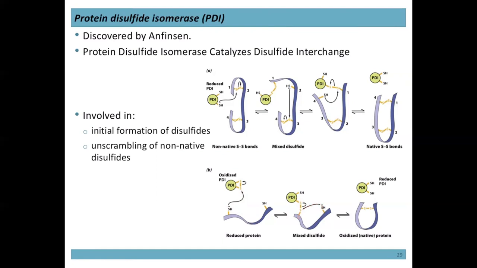So it's kind of random how this is working, yet the sequence of the protein is helping it find these idealized disulfides. And if it's true, what Anfinsen said is that the sequence of the amino acids will actually get the protein into the right conformation. And when you do that, the correct disulfides are going to be formed.